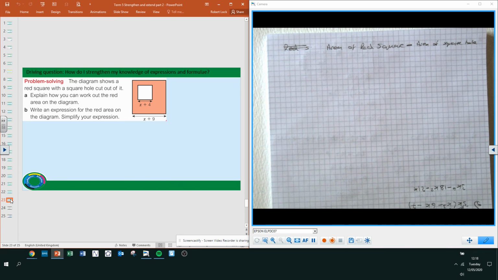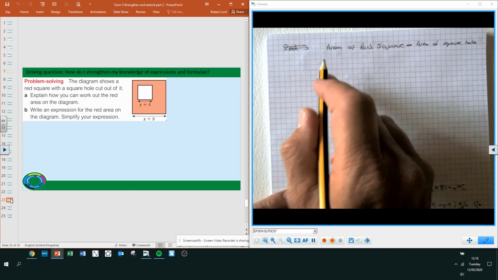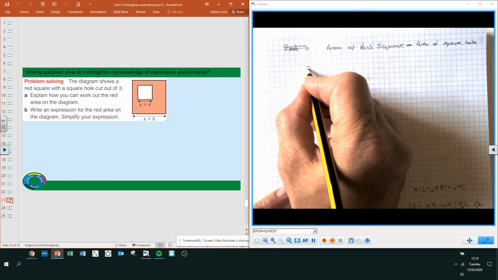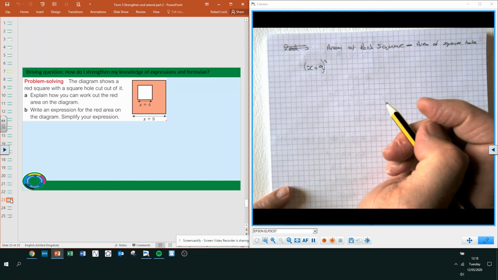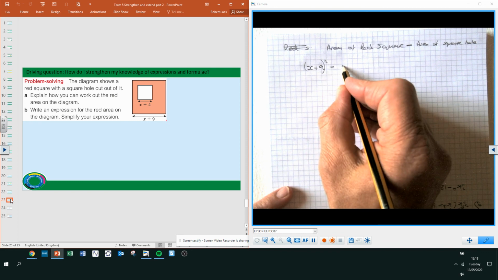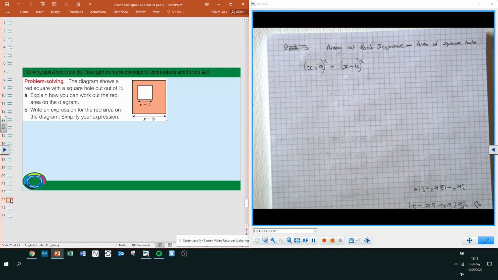B. Write the expression for the red area on the diagram. Simplify your expression. Well, area of red square: x plus 9 squared minus x plus 4 squared.